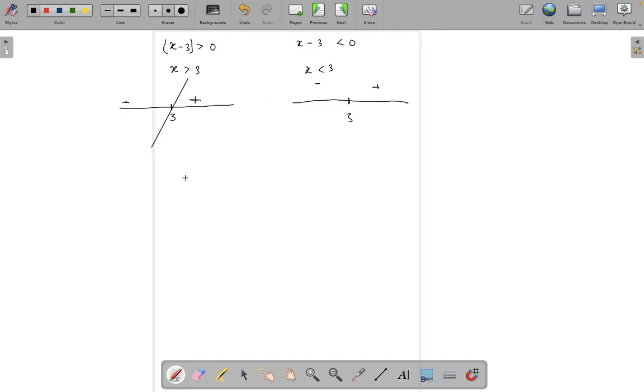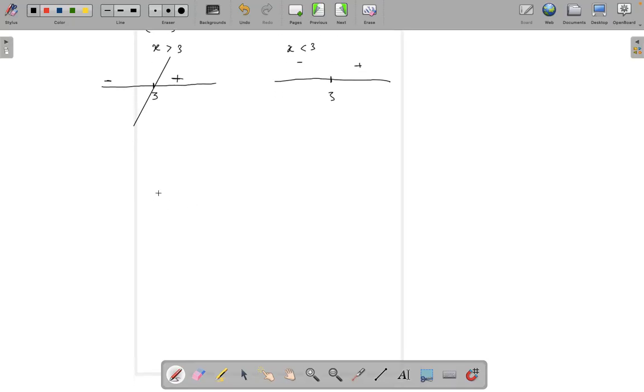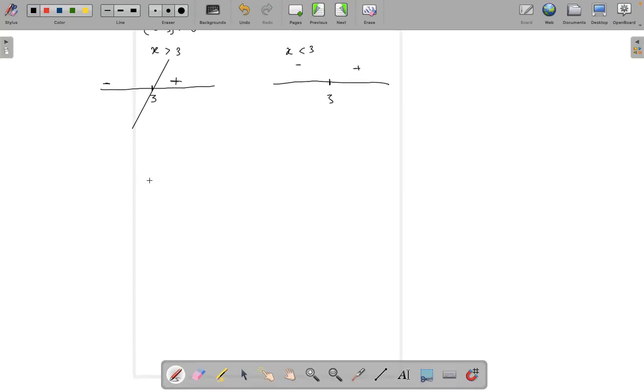Now, things change when you have two variables. Say x minus 3, x minus 10 is greater than 0. So the criticals are 3 and 10. First of all, just focus on this 10.